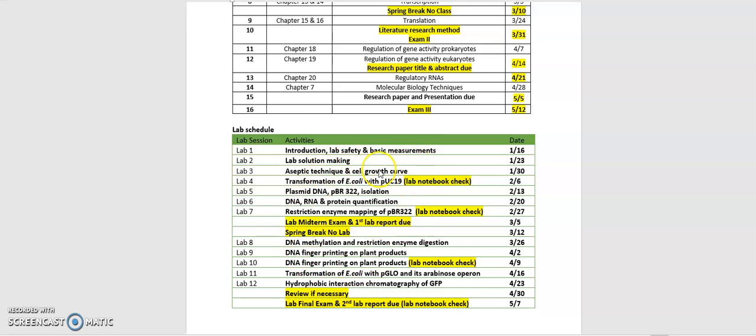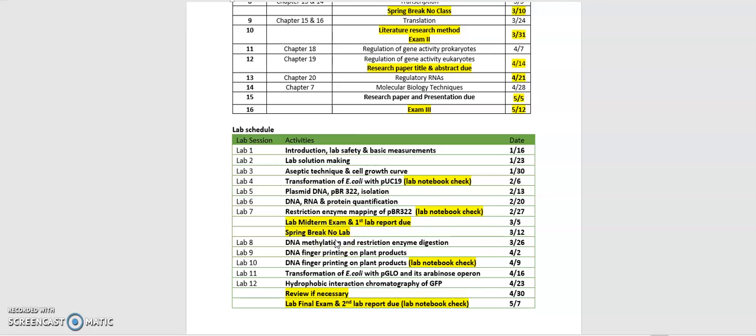And the lab, of course, excluding the days when you have the exams, you will go through about 12 different labs with different titles. You'll be doing a lot of hands-on activities in the lab.